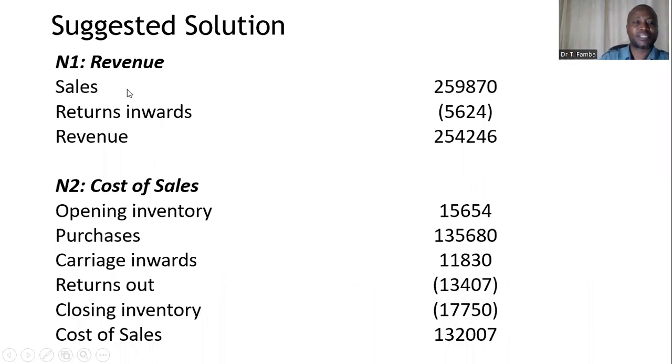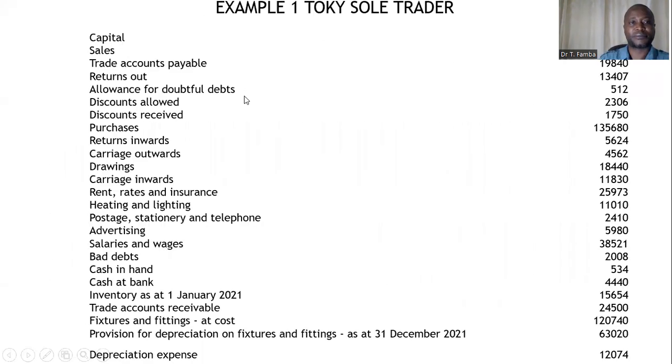What we are saying is from the information that we are provided, we have this amount of sales, and then we have returns inwards, which is 520,5624.